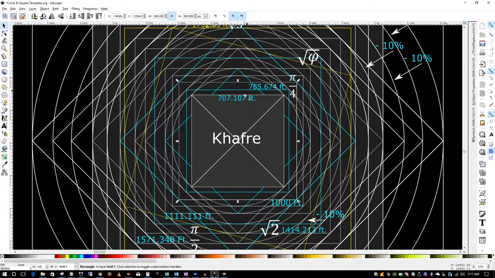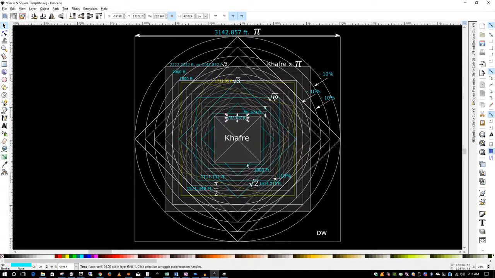If you take 900 and decrease it by 10%, you get the pi over 4 value right here, 785.674, and then you get basically the square root of 2, which is kind of like the reciprocal of that down here. All of the numbers down here inside of Khafre are reciprocals of the numbers that you see on the outside.